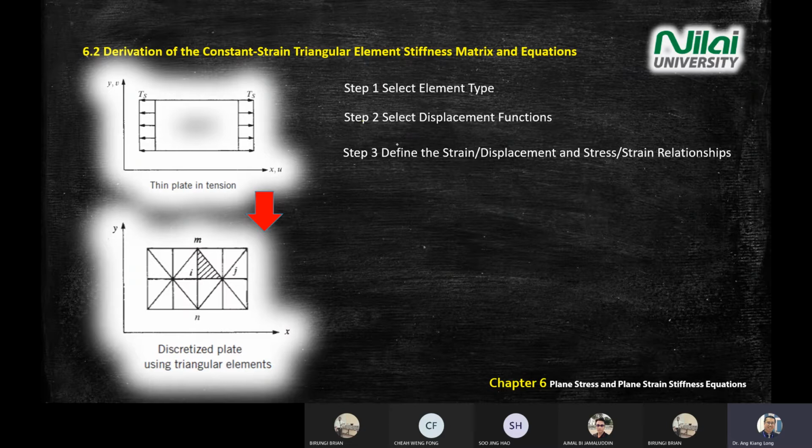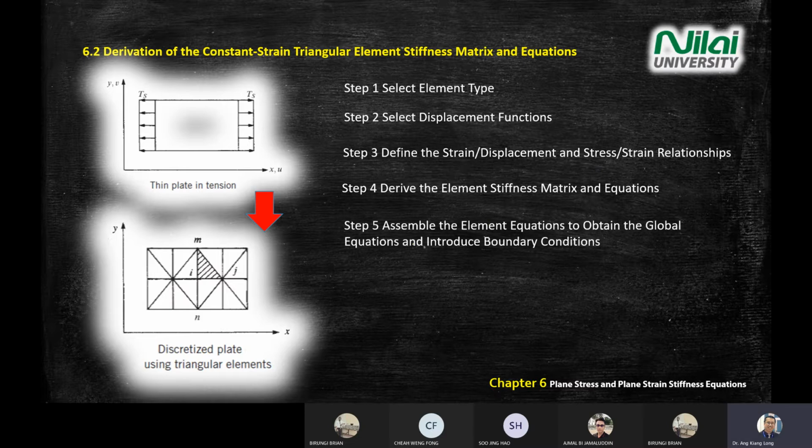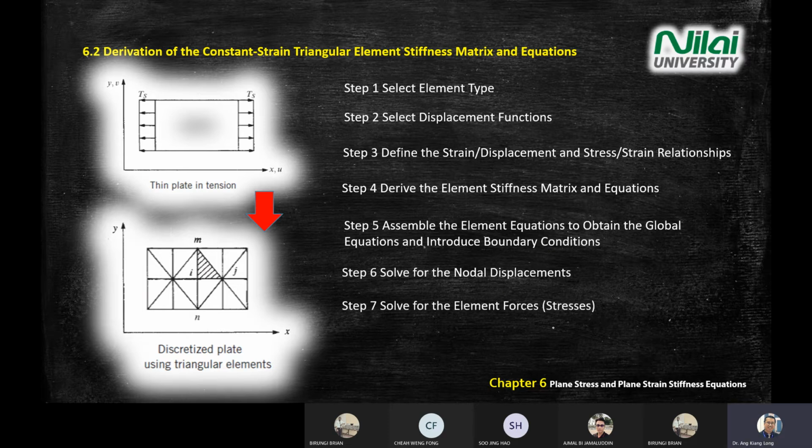We're using the same 7 steps. Fourth, derive the matrix and equation. Then we assemble to become global and superimpose, and then we use the boundary conditions to reduce our matrix. Then we solve for the unknowns, the remaining ones. So this 7-step process is very important for this module. Actually, we have been using these 7 steps since chapter 2.